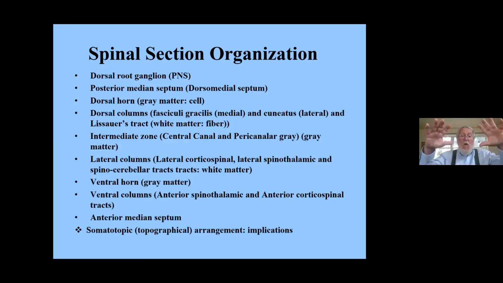Then also in the dorsal horn, you also have the dorsal columns with the fasciculus gracilis medial, the fasciculus cuneatus lateral, and then what we have on the very extreme level of the dorsal horn is a thing called Lissauer's tract, which is fibers.